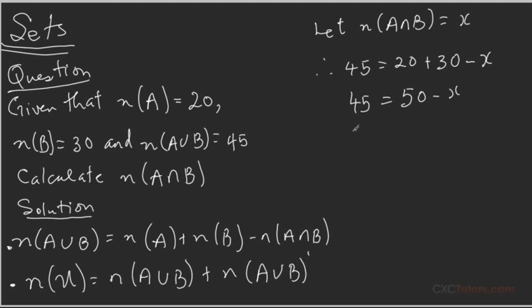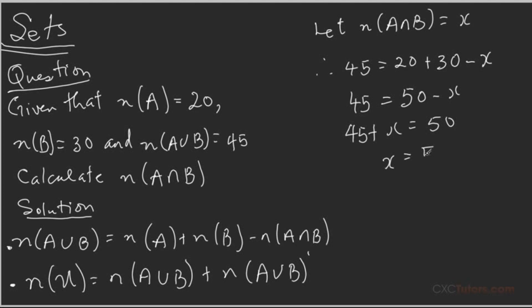If you take the X over, we have 45 plus X is equal to 50. We can now solve for X because its coefficient is positive 1. So 45 added to a particular number gives an answer of 50. What is the number? As you can see, the answer is 5.